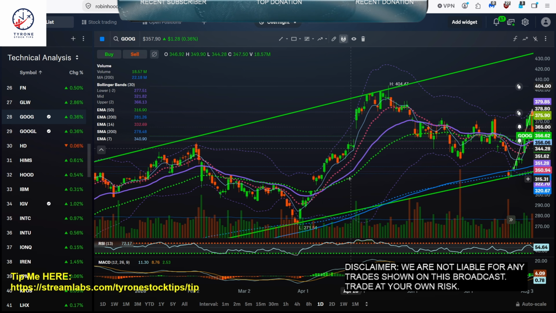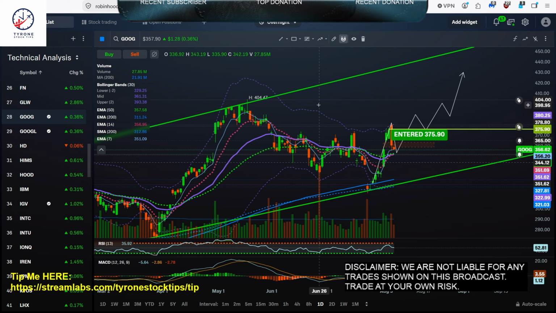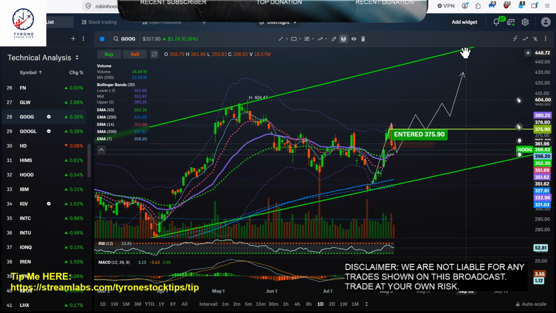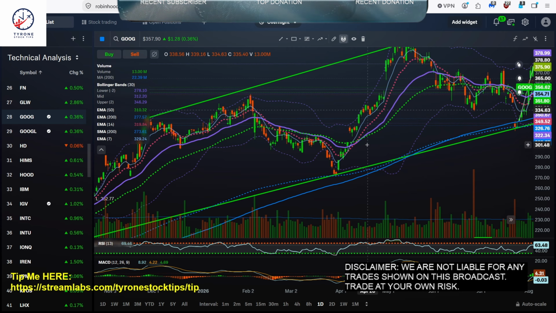But the way I use it, I just use it to see if we're in an uptrend. I don't use it as a way to exit. My exits are usually near whenever we reach all time high, or if we got a situation like what we have now, whenever we touch the top of the trend, that's usually when I would exit. So again, I use it to partially determine a current trend.